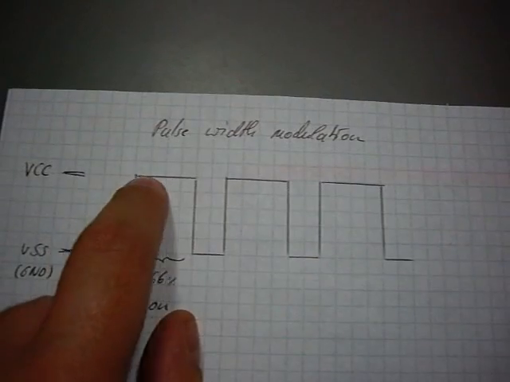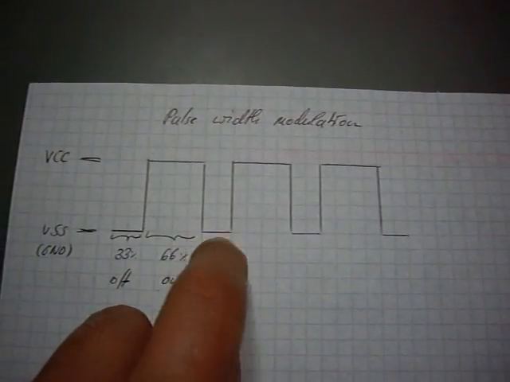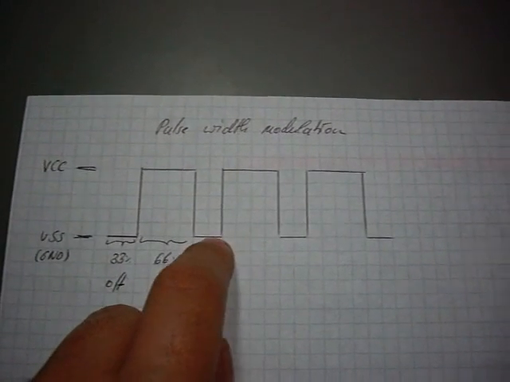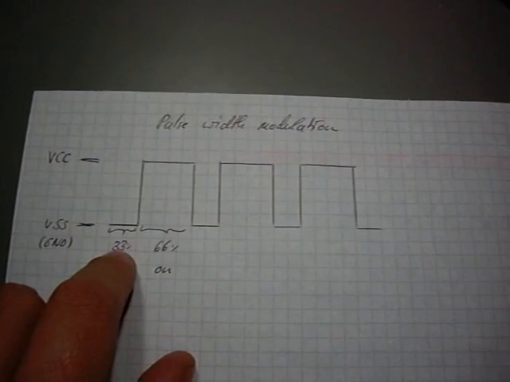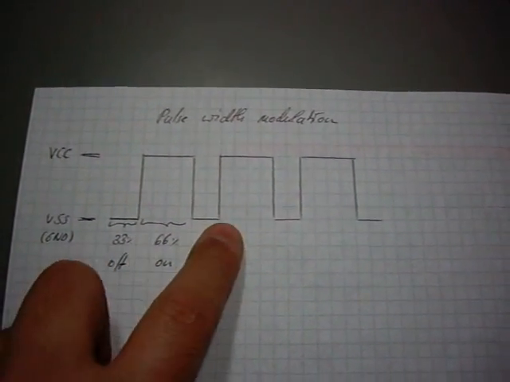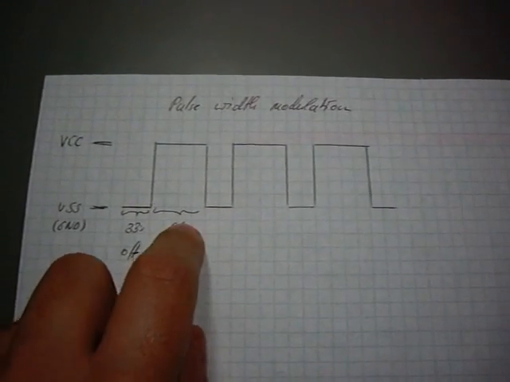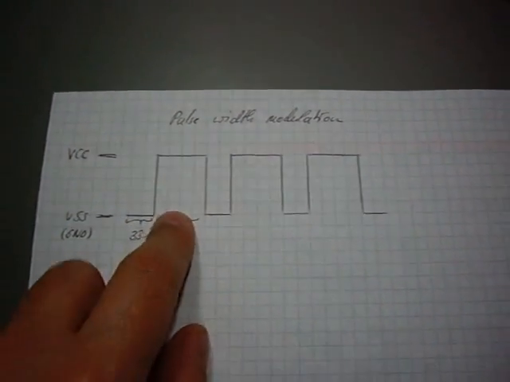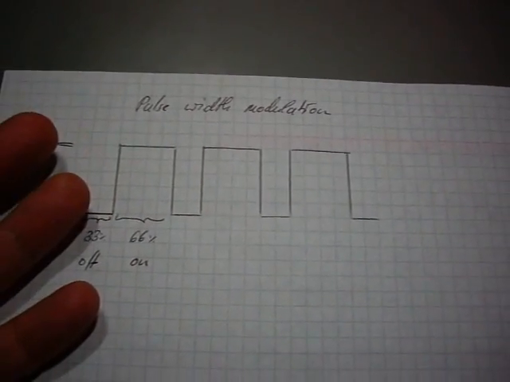The time the signal is at a high level, the LED will be on, and the time it is at a low level, it's off. So if the low level, say, is 33% of the time, and the high level is 66%, one-third and two-thirds of the time, then the LED will have a certain brightness, right?